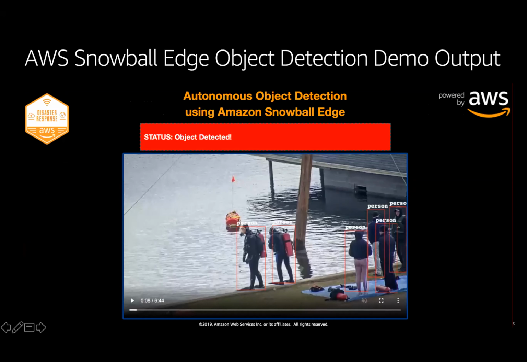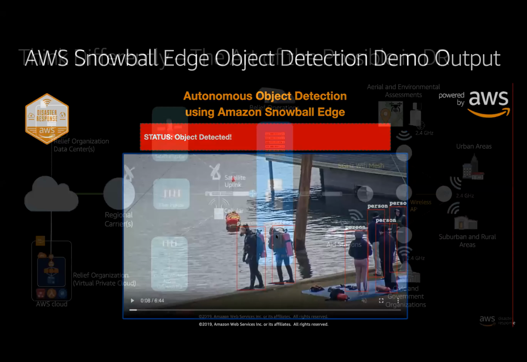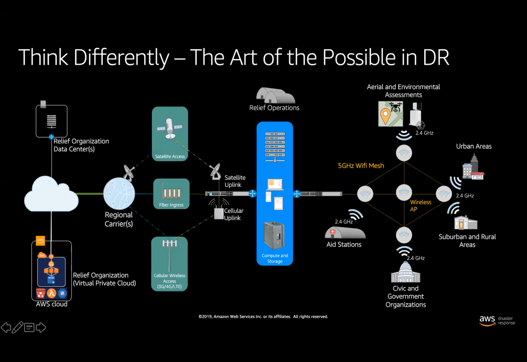And so this is really just a brief example of how you could use computer vision at the edge to think differently about what could be possible if you can bring that data with you, bring those apps with you, and run in either a connected or disconnected environment, and then send that data back up to your offsite response organizations, and how that can impact your priority setting and your situational awareness. So appreciate your time today, and thank you so much.